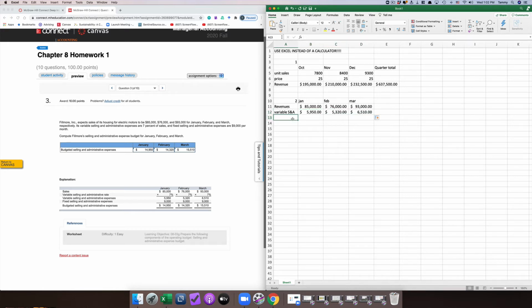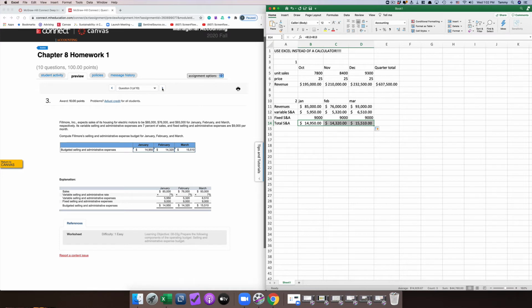And then fixed selling administrative expense is 9,000 per month. Copy that out. So our total selling administrative is going to be our variable selling administrative plus our fixed. Okay. And you can see that those numbers are going to calculate properly. So that worked. I love it when a plan comes together.